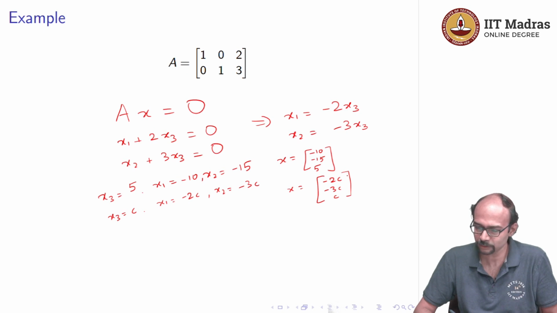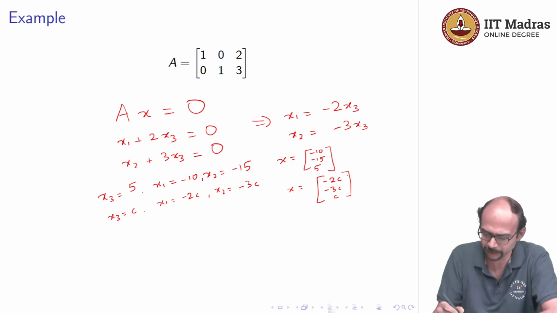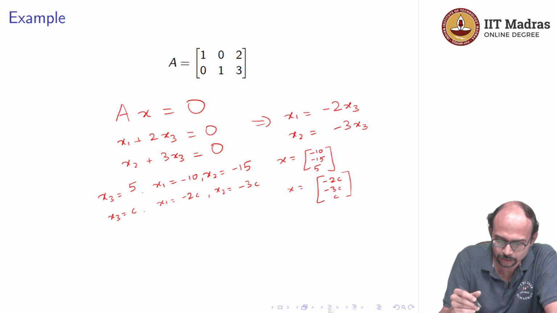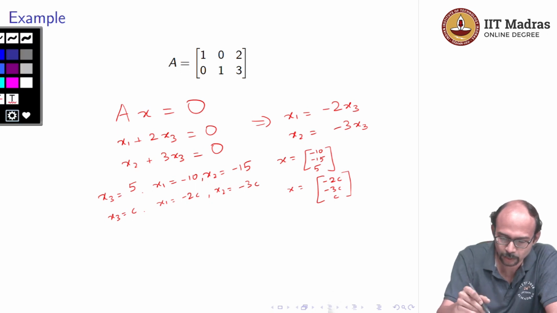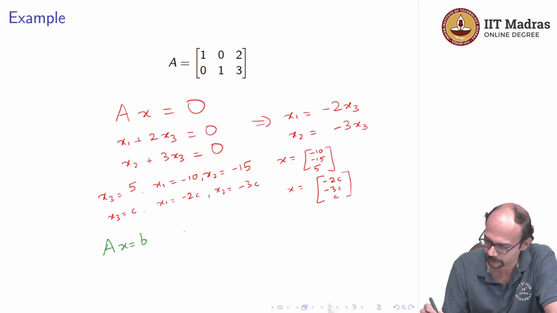We can really do this for any b. If you carefully observe what we did, instead of Ax is 0, if we had Ax is b, we can obtain solutions for Ax is b as well. Maybe I will describe this very fast. For Ax is b, we write down again the same set of equations.